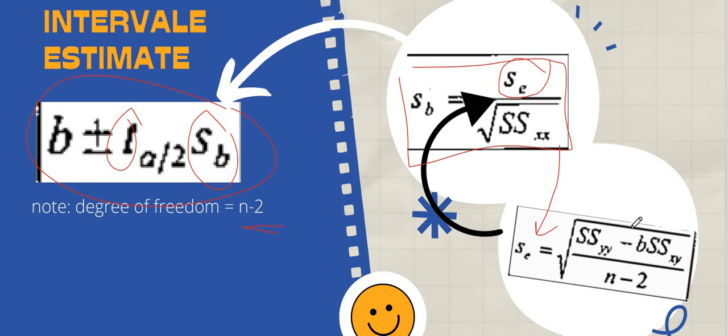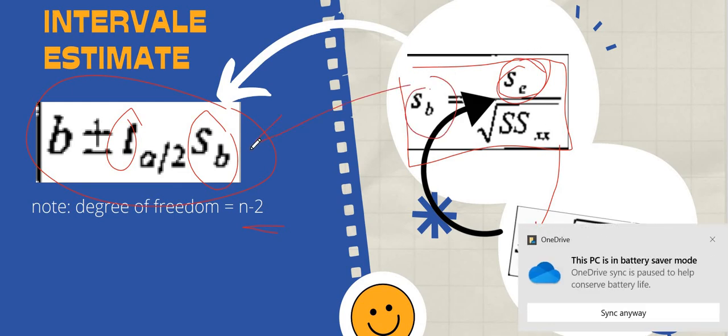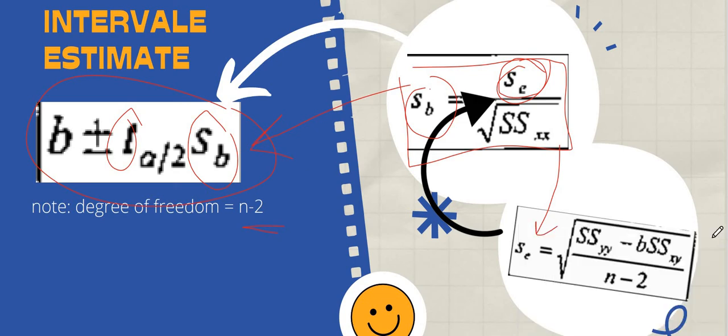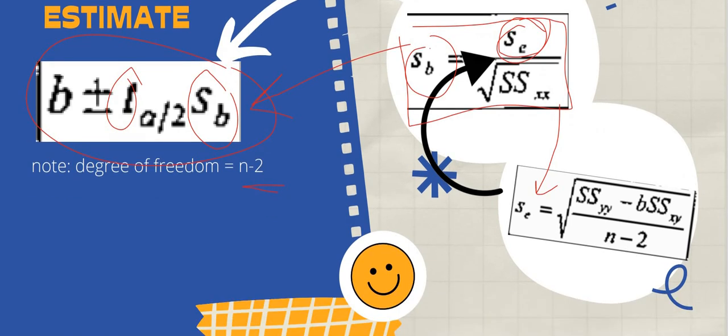After you get the value for SE, you substitute it back here and solve to get SB, then substitute here. There are a few steps you need to calculate before you can get SB. For this video I just explained the equations we use, and there is no example in this video.